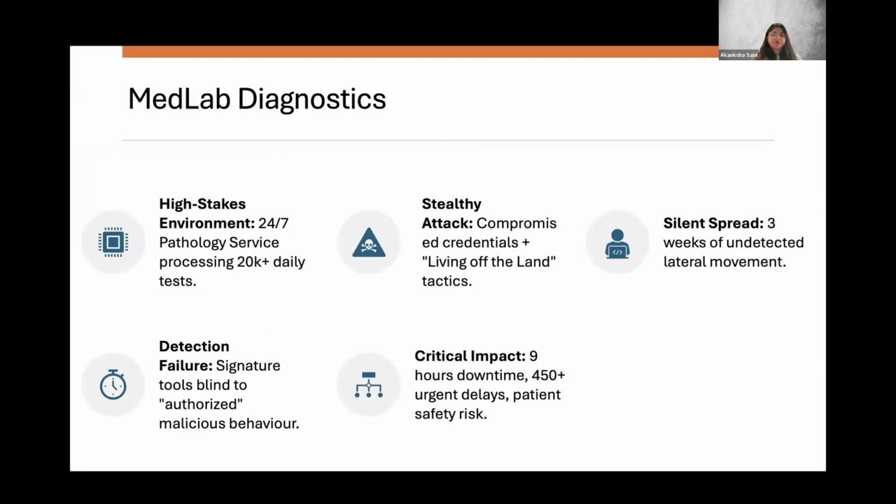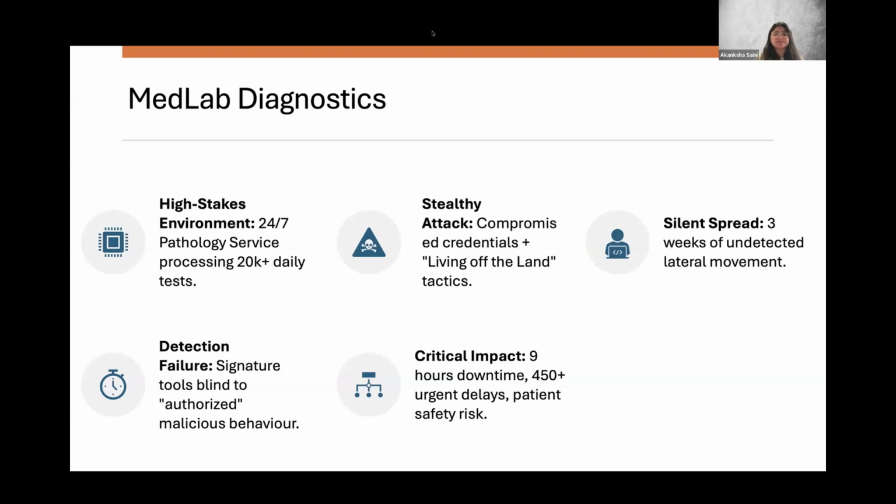To make this concrete, let's look at a case of MedLab Diagnostic Company. MedLab is a crucial 24/7 pathology service, processing over 20,000 tests a day. Their uptime isn't just about profit, it's about patients' health and safety. They suffered a stealthy attack.